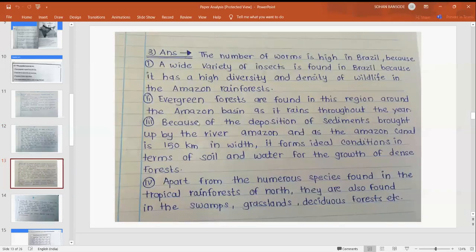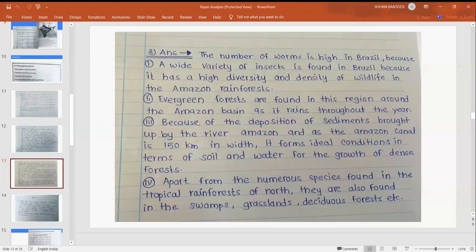Third one is, the number of worms is high in Brazil because a wide variety of insects is found in Brazil, as it has a high diversity and density of wildlife in the Amazon rainforest.